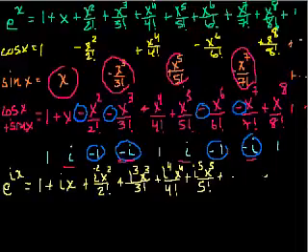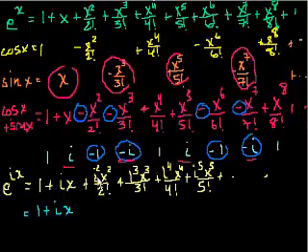So what happens when you simplify that? So that equals 1 plus ix. What's i squared? That's -1, right? Minus x squared over 2 factorial. And what's i to the third? That's minus i.